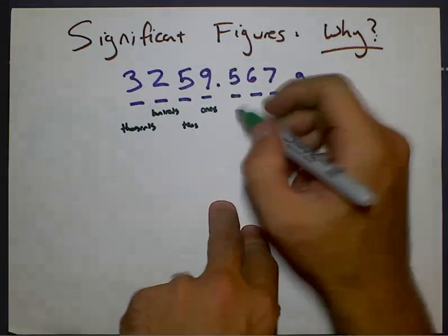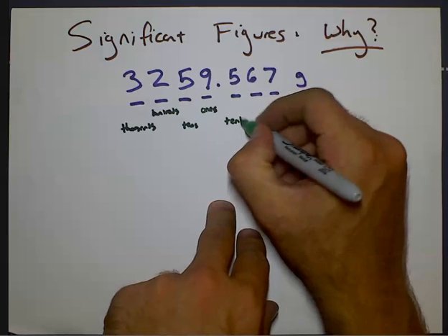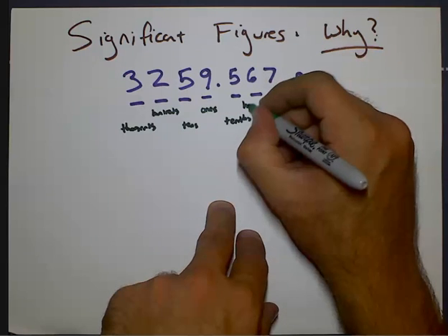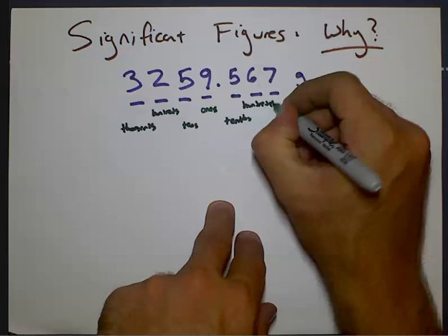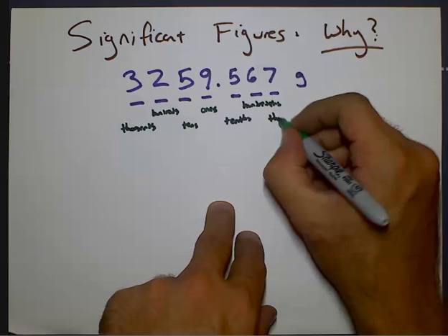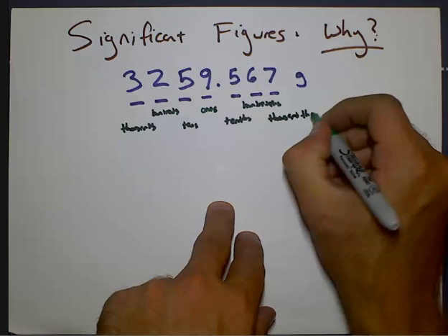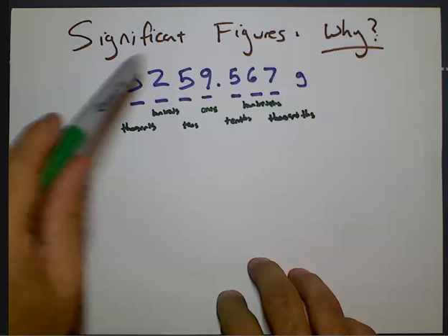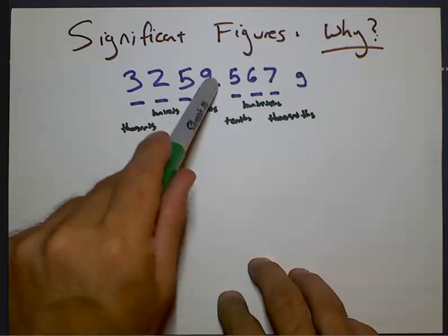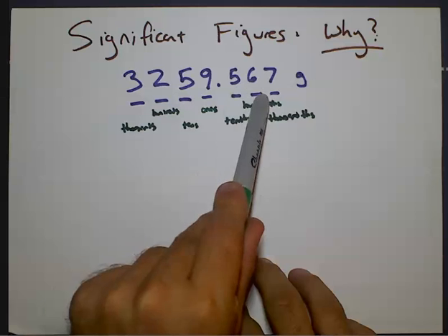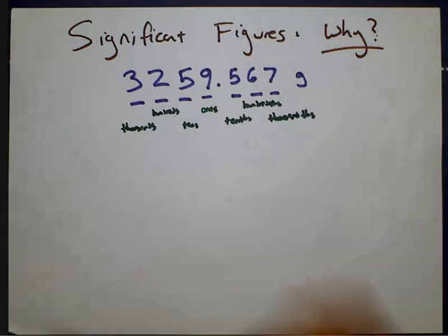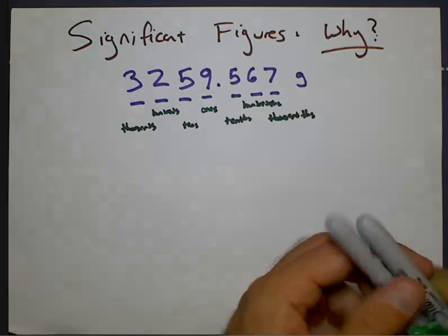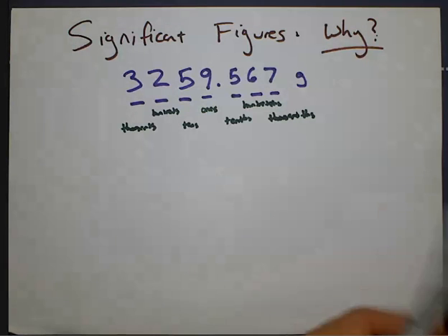Here your tenths, hundredths, and your thousandths. So thousands, hundreds, tens, ones, tenths, hundredths, thousandths. All the ones smaller than the decimal place end in that th sound.